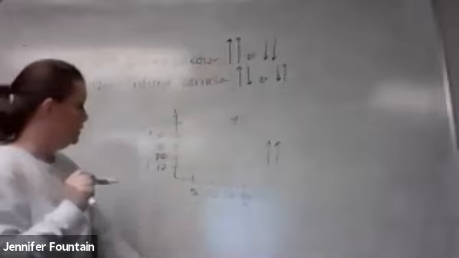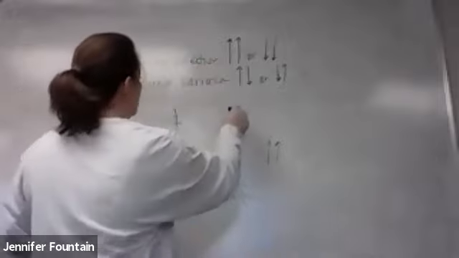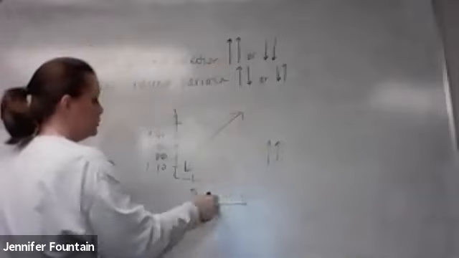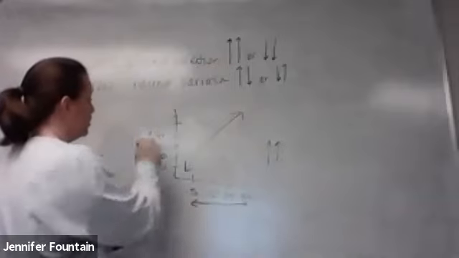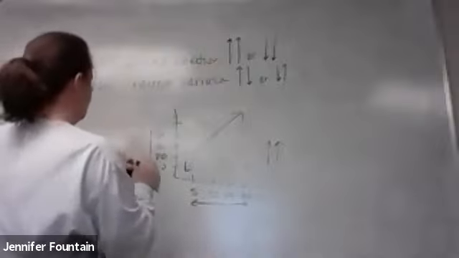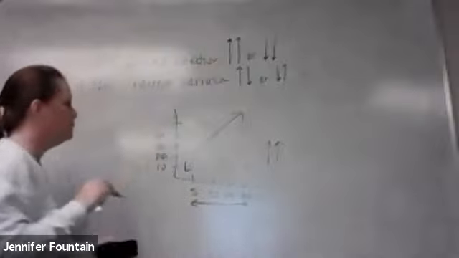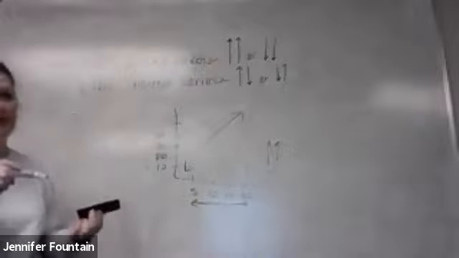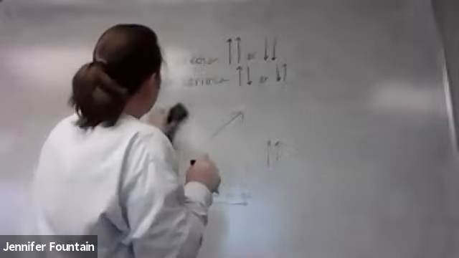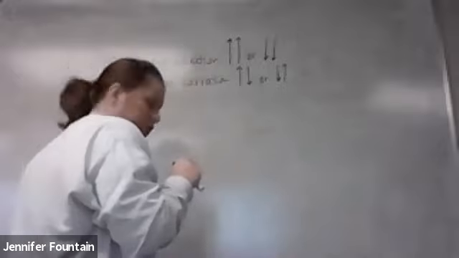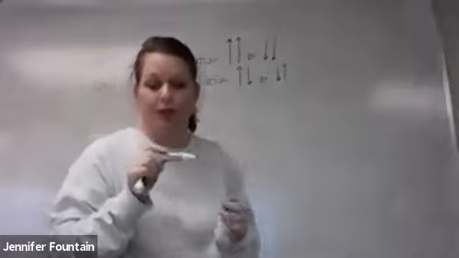Or if it did this, notice that this one, my number is getting smaller, and this one, my number is getting larger. Okay. So understanding direct and inverse variations talks about as one increases, the other increases, or as one decreases, the other decreases, or is it an opposite direction?